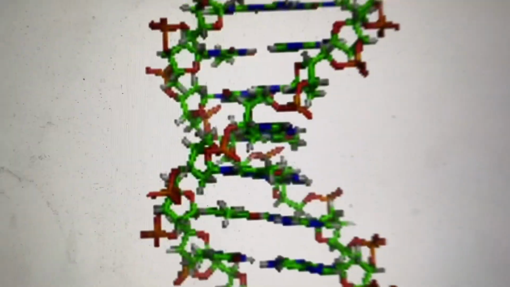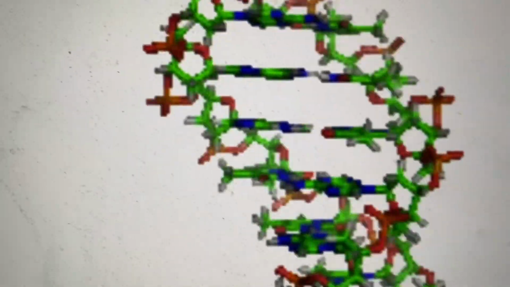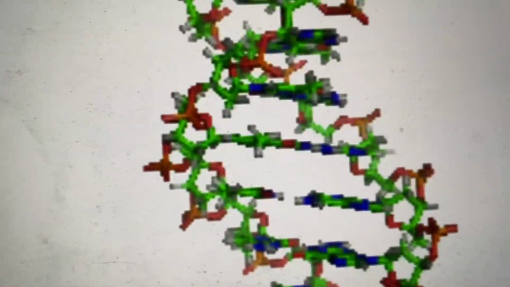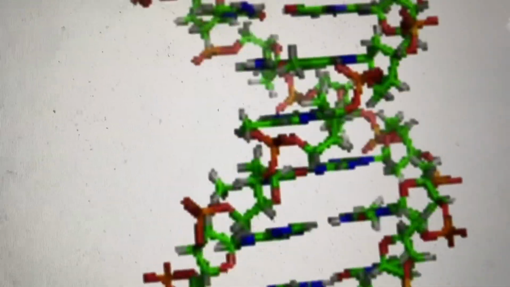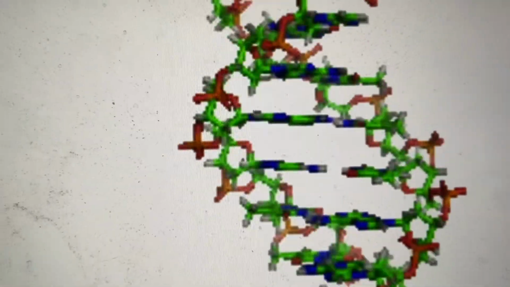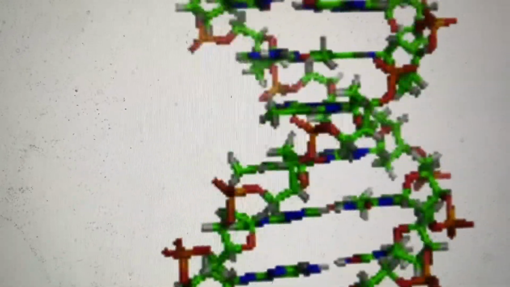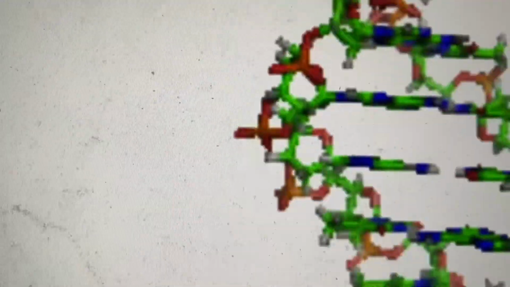Double helix, that's the name of the shape of the DNA molecule, right? It's like a rope ladder that's been twisted. Along the sides of the ladder are sugars called deoxyribose sugars. That's the D of DNA, deoxyribose, name of the sugars.